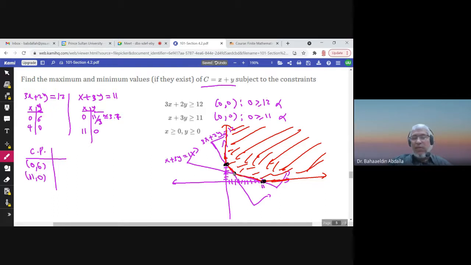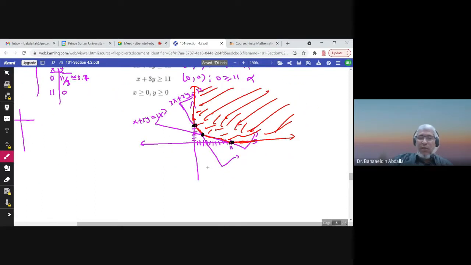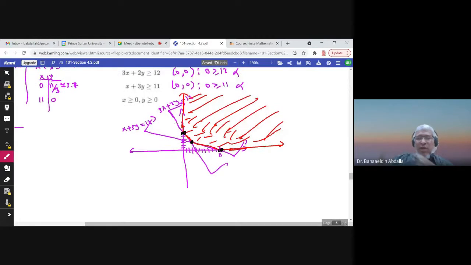and this point is the intersection point between the two lines. So let me solve the two lines together. So 3x plus 2y equals 12, and x plus 3y equals 11.